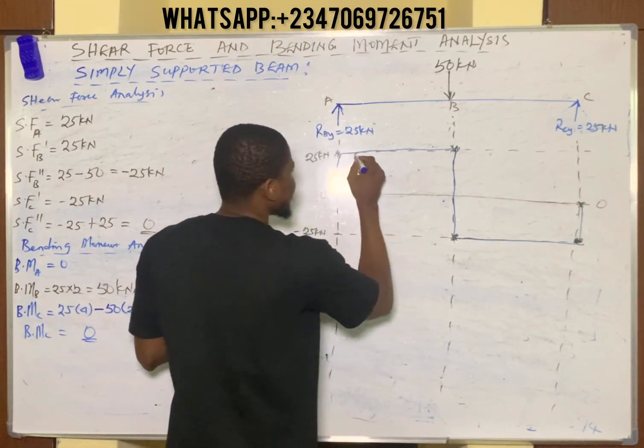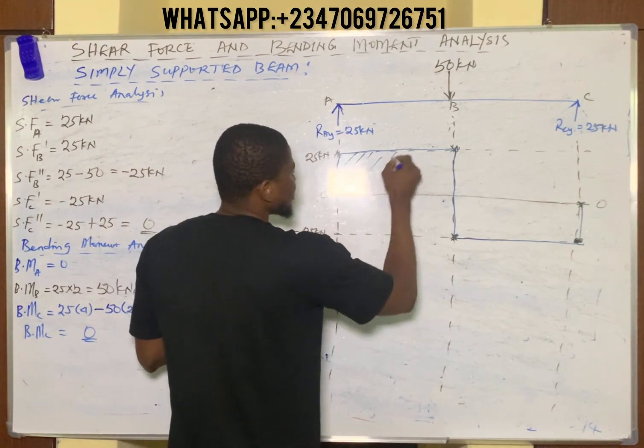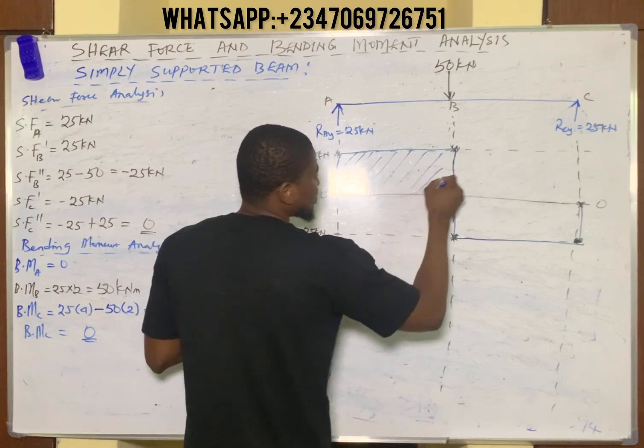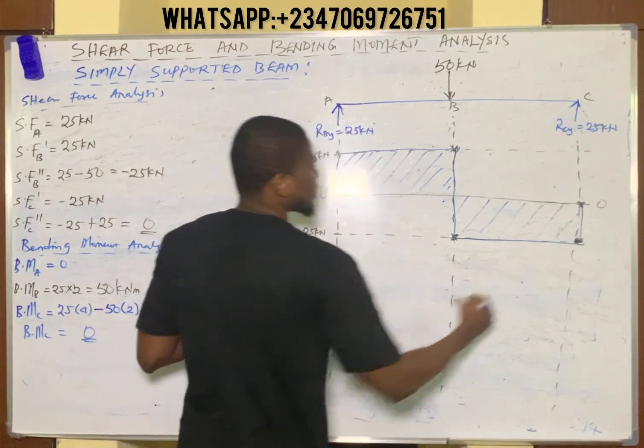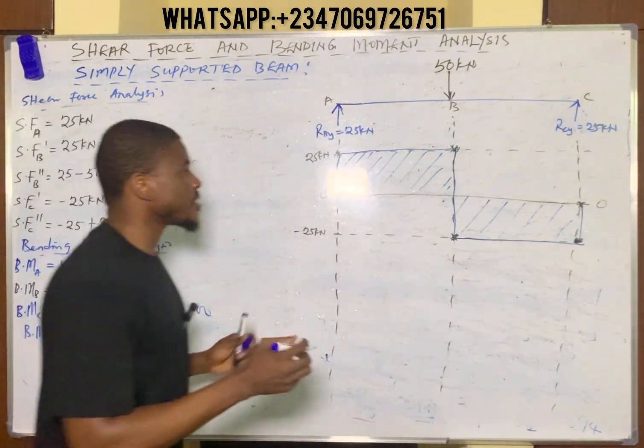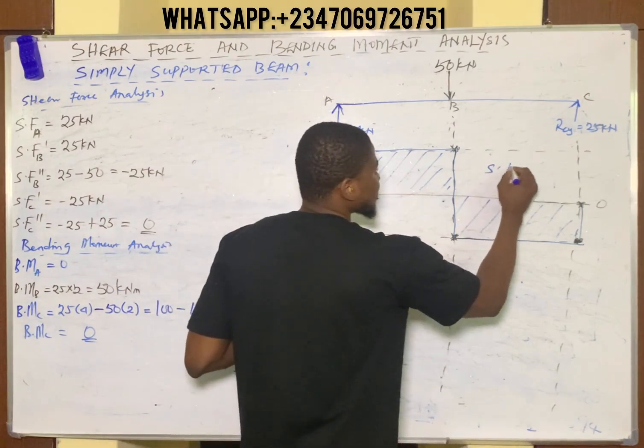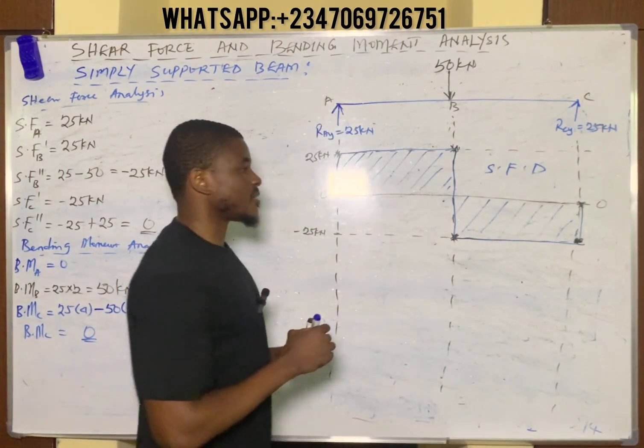So this diagram here represents the shear force diagram for this given simply supported beam carrying a point load. So here is our shear force diagram, and you have this.